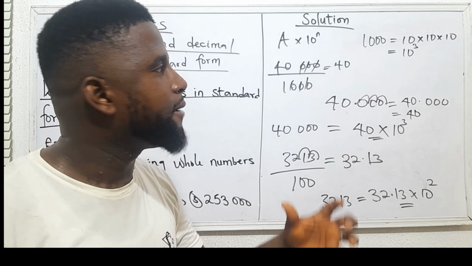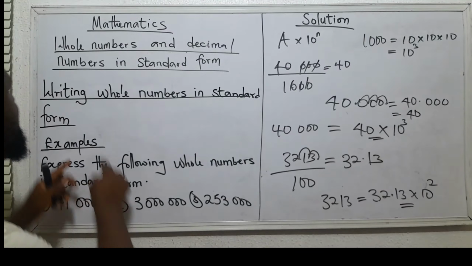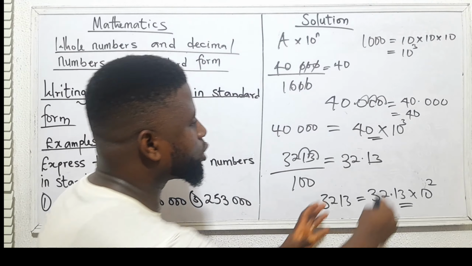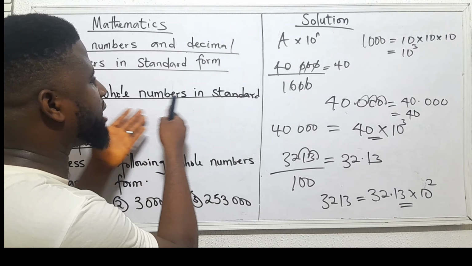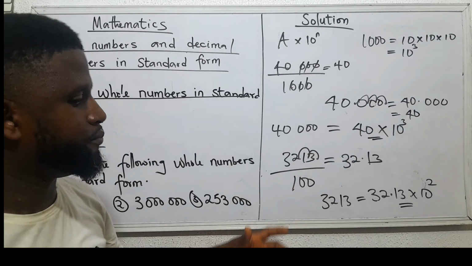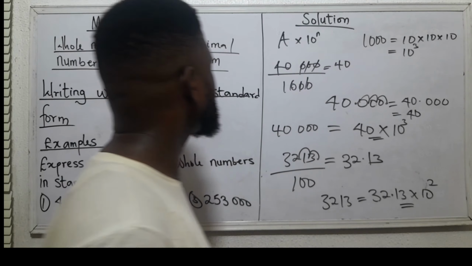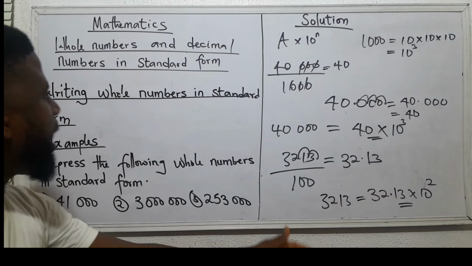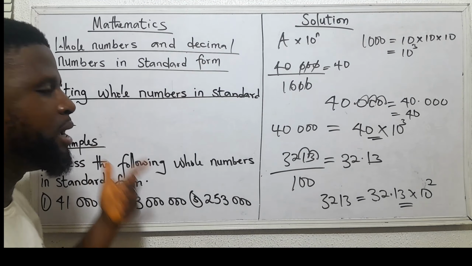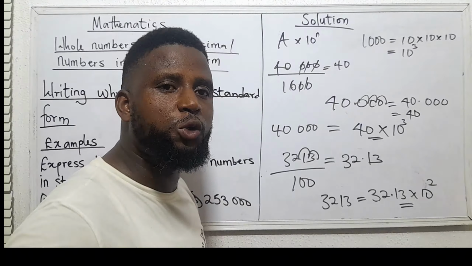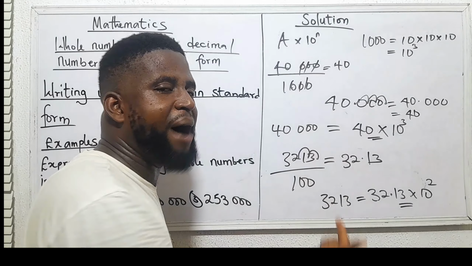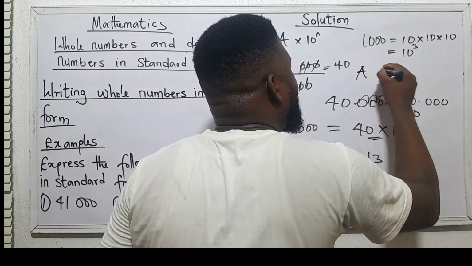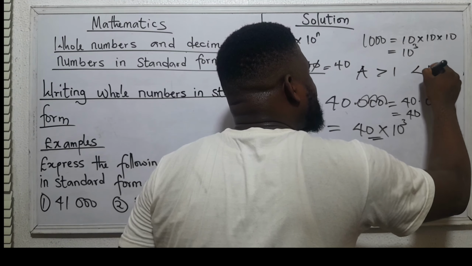Now, what does this have to do with writing our numbers in standard form? The difference between this division and writing numbers in standard form is that we have to continue to divide the whole number by the multiples of 10 until we arrive at our A greater than 1 or less than 10.